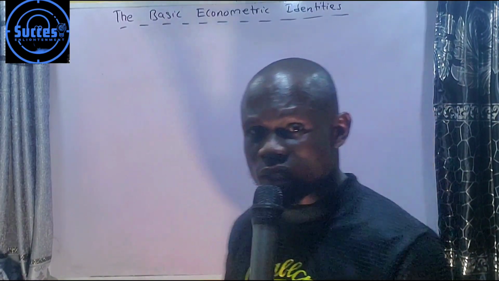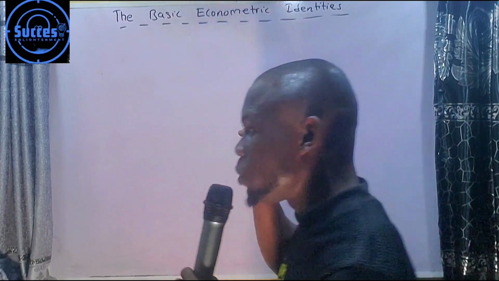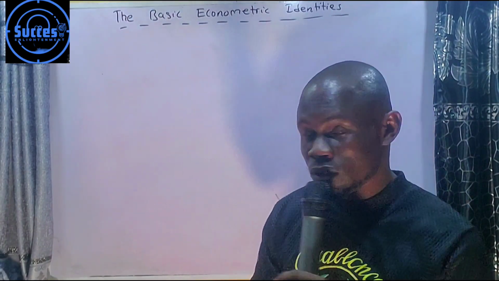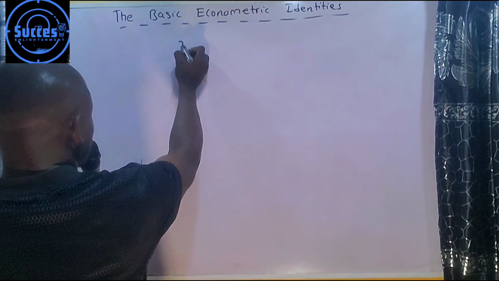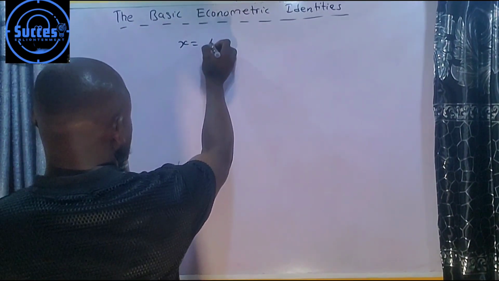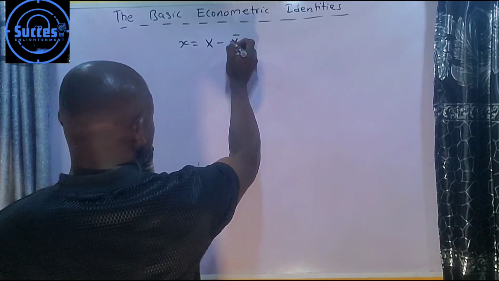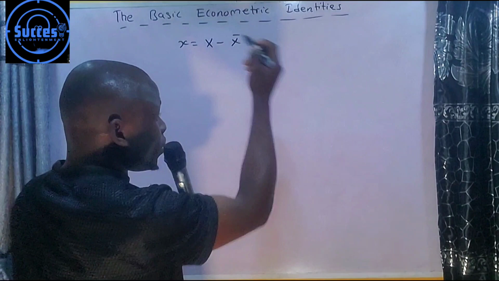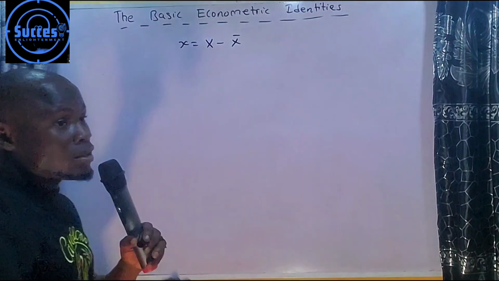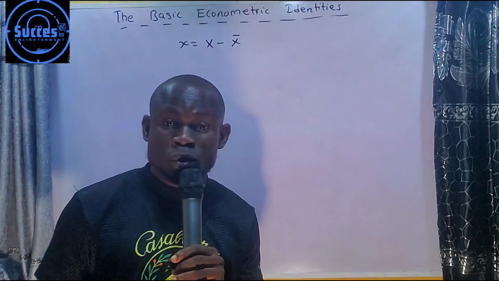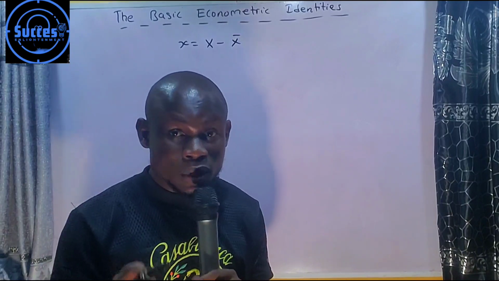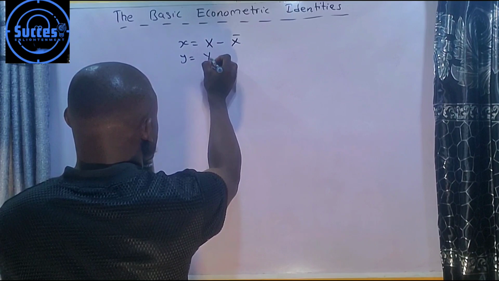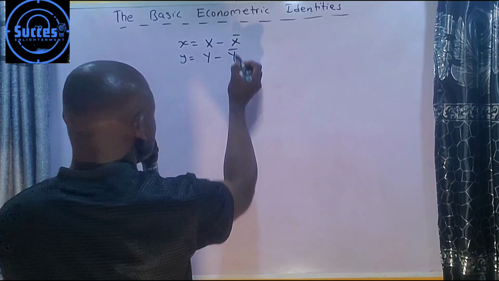We must not forget our previous proving was based on already established statistical facts, such as small letter x equals capital letter X minus X bar, which is the mean of X. This is a deviation of X, where the capital letter X stands for the observable data about the variable X. In the same way, small letter y equals capital letter Y minus Y bar.